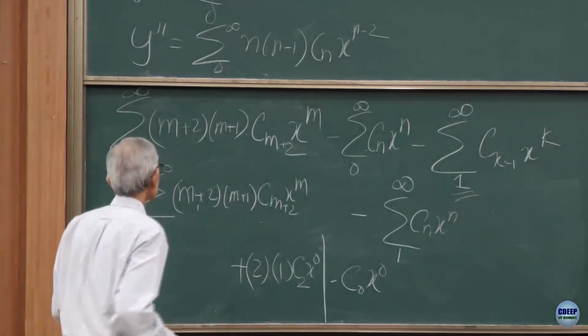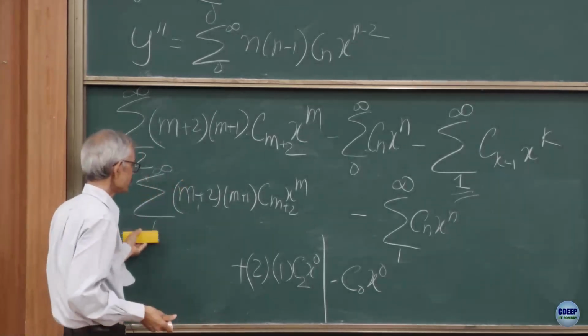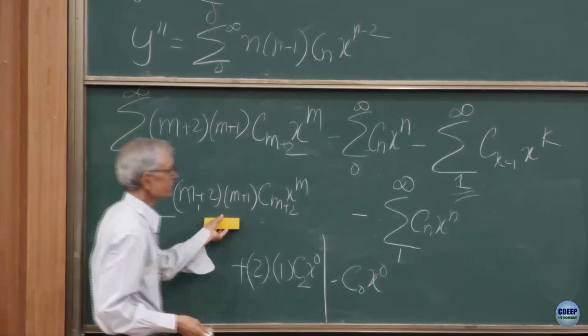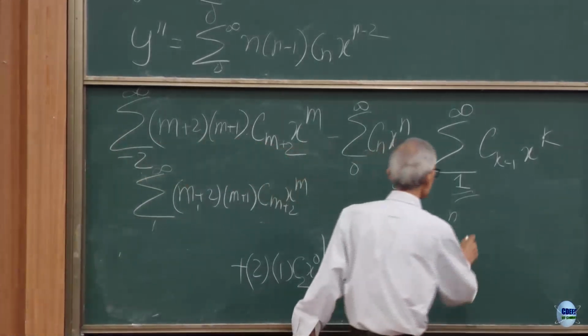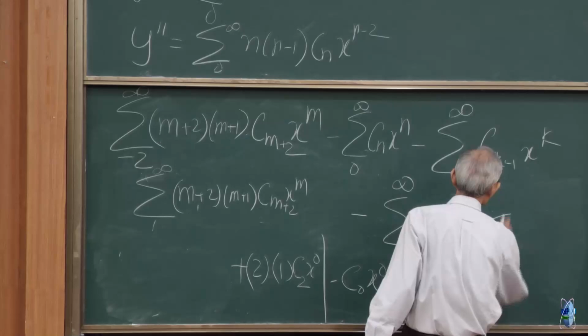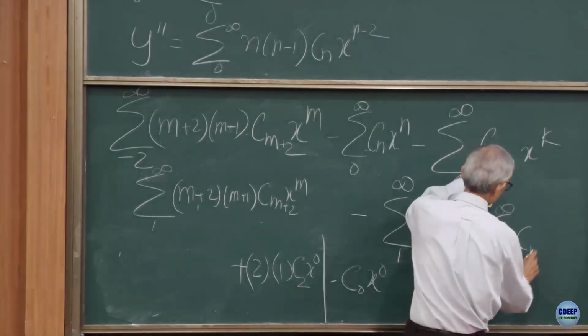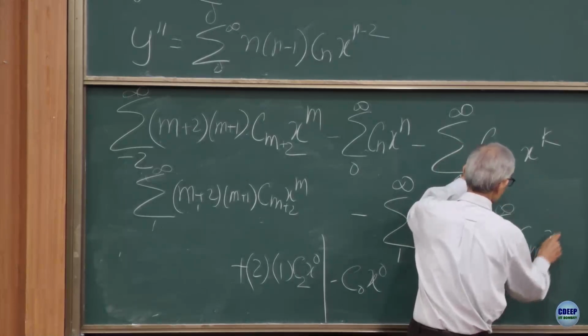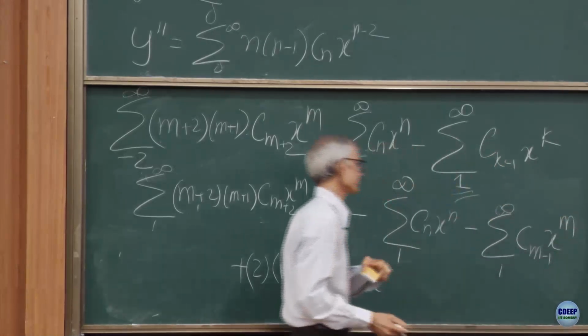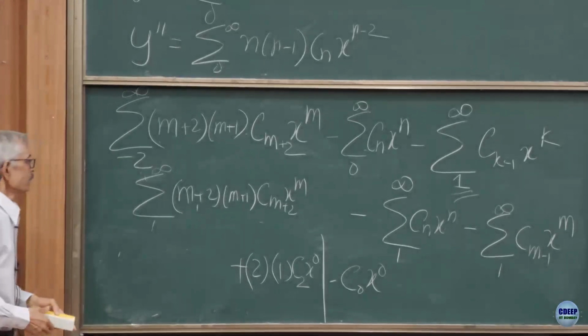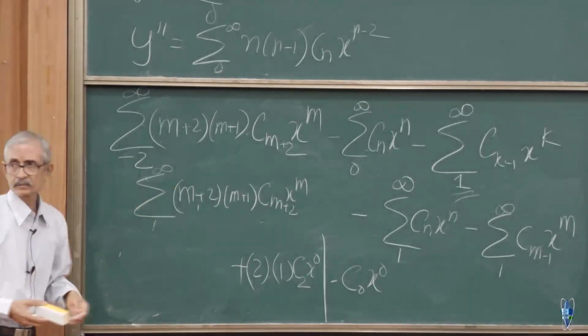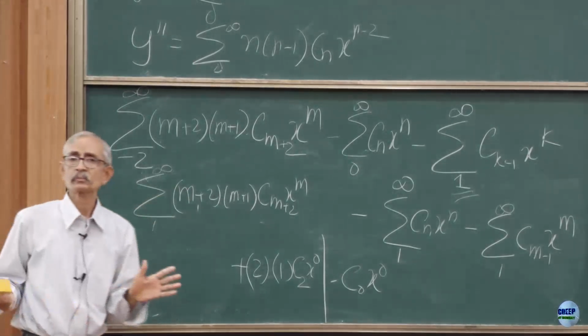Okay, so the first two terms are gone. I have got 1 to infinity, I have got 1 to infinity, and this guy also now is 1 to infinity. Now I can replace k with an m because this is just a dummy index there. Now can I add these guys up? There's no problem, right?